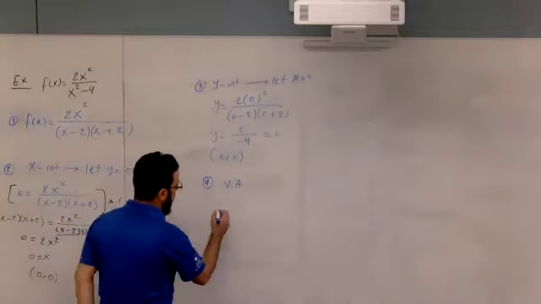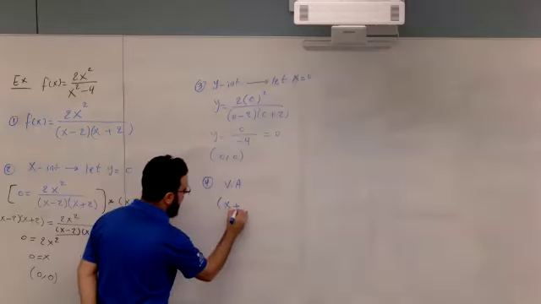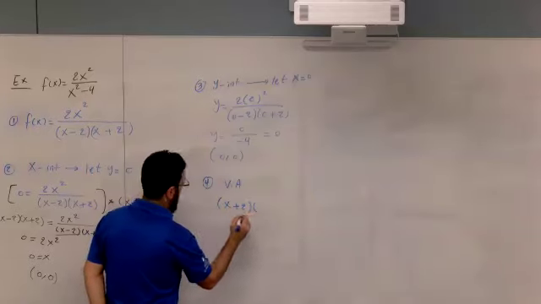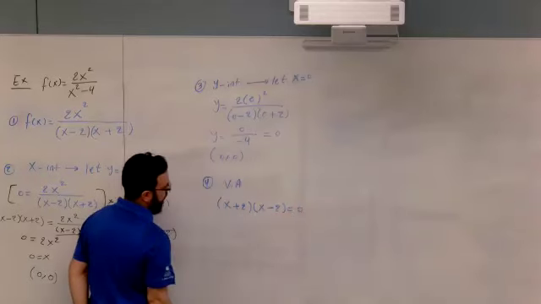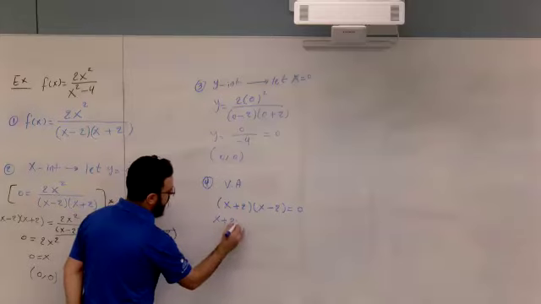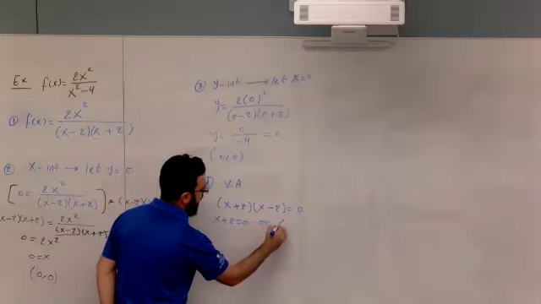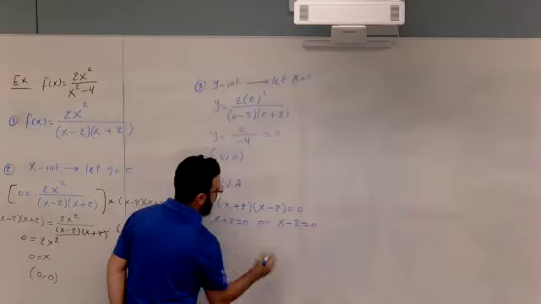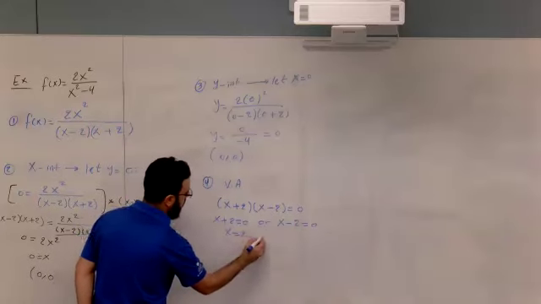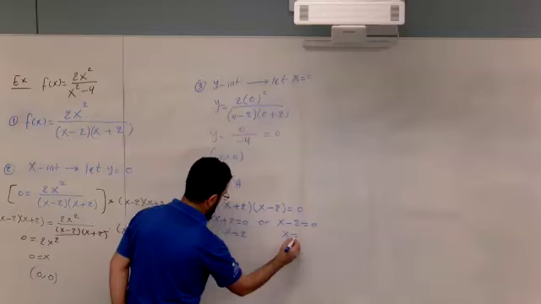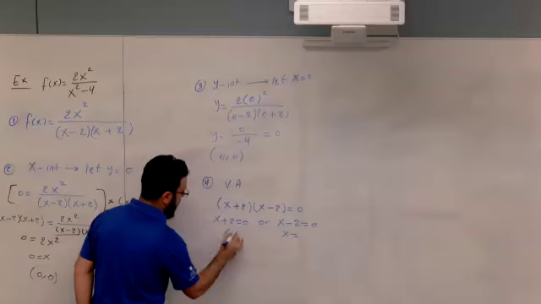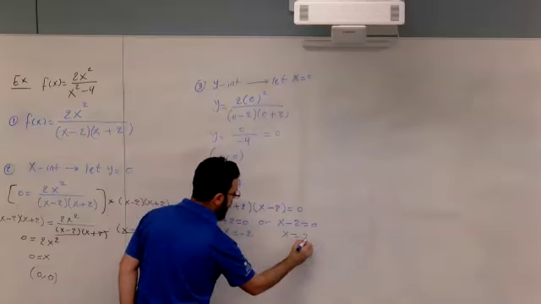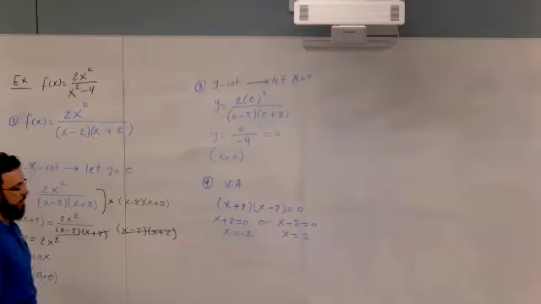To find the vertical asymptote, I'm gonna say x plus 2 equals 0, or x minus 2 equals 0. So x is going to be equal to -2, and x equal to 2. So how many vertical asymptotes do we have? We have 2 vertical asymptotes.